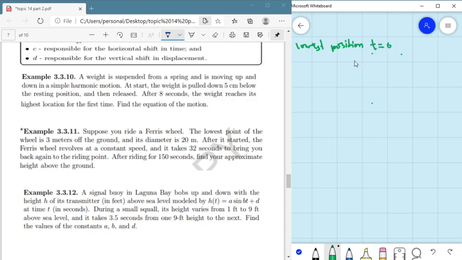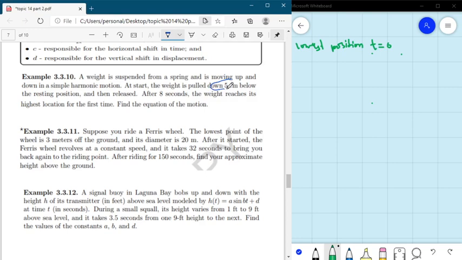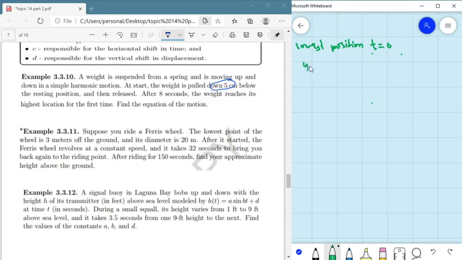And since it is below, down, we have 5 centimeters. So our y is -5 when t is equal to 0. So that's why we can create an equation which is y equals -5 cosine of bt.